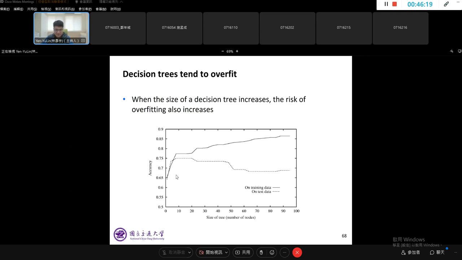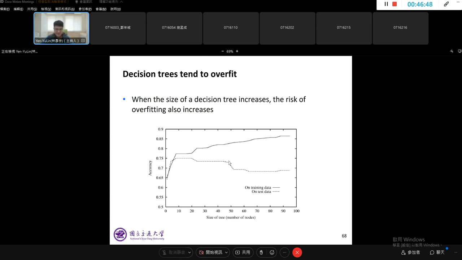So let's look at the training curve. According to this solid line, as you can see, along the training process, the performance increases. So in terms of training data, we prefer to have a large decision tree because we can boost the training accuracy.